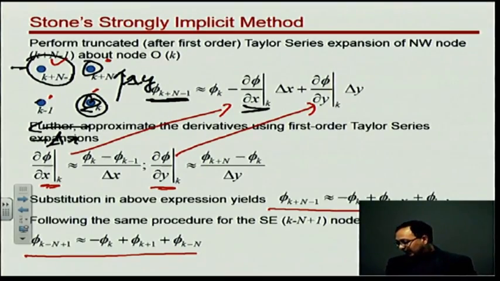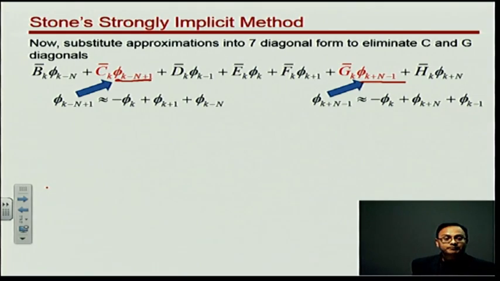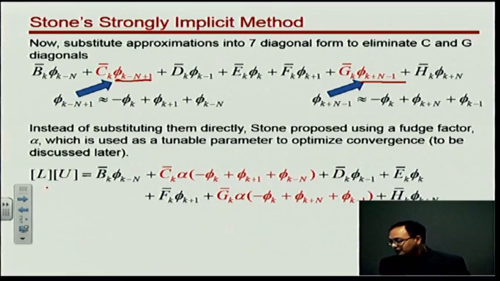So now we go back to our equation and we replace this guy and that guy by our approximations. Once we do that, here is what we end up getting. So now we have combined terms. We got rid of those 2 nodes and we've combined terms. So L times U becomes that.